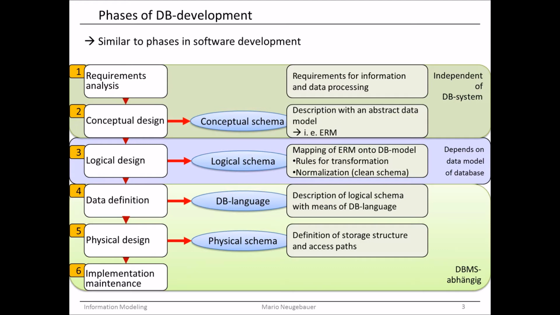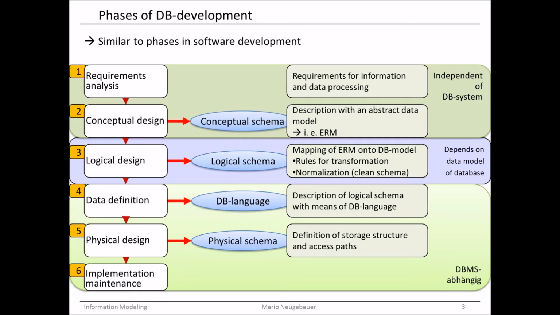And there are also some methodologies to improve this relational model. You can, for instance, do the normalization. That means some cleaning up of the schema to avoid redundancies and to resolve some inconsistencies. After the logical design is done, we have a set of tables we would like to implement into the database, and this implementation comes with the data definition.